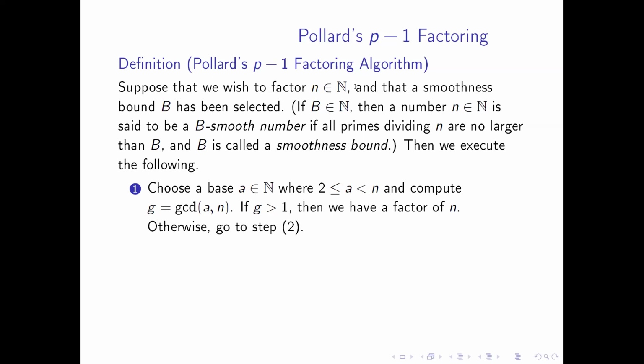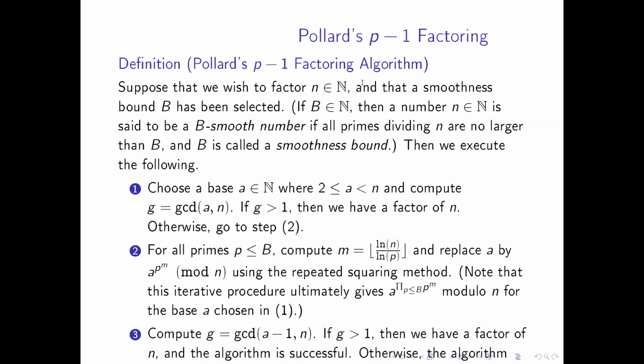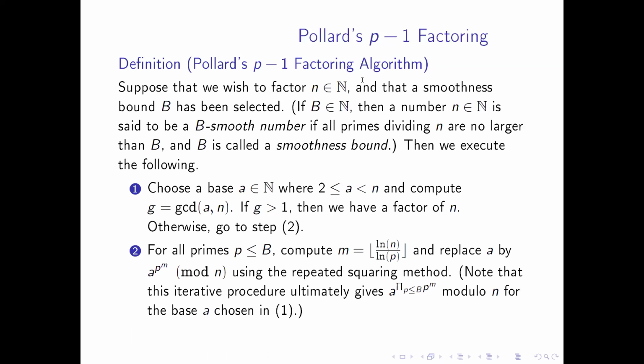So if it's 1, move on to step 2. In step 2, we take all the prime numbers less than or equal to b, and we compute m equals the natural log of n divided by the natural log of the prime number, round that down, and replace a with a to the p to the m.